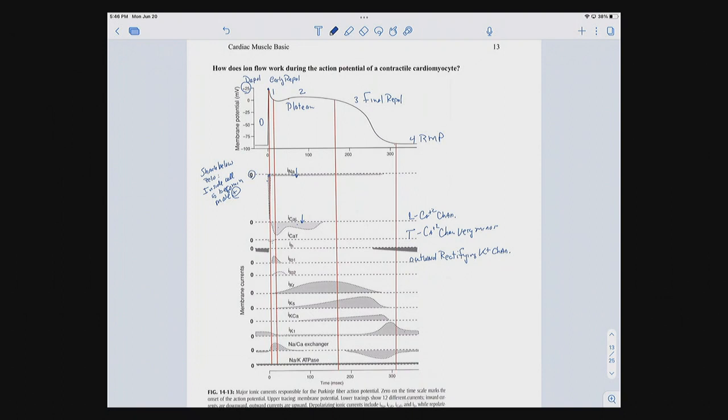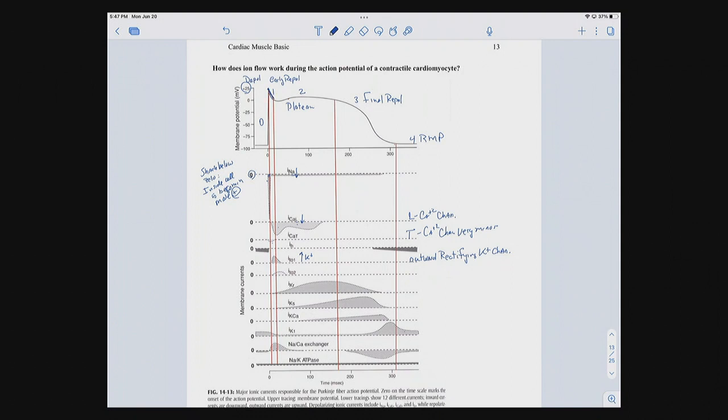Which means then, in this case, potassium is leaving. It's flowing out. So again, note that the shade is above the line, meaning this force here is wanting to make inside the cell more negative. So what I have here, between the outward rectifying potassium channel and the L-type calcium channels opening up, I'm having potassium flow out, I'm having calcium flow in, but note what's happening to the membrane potential.